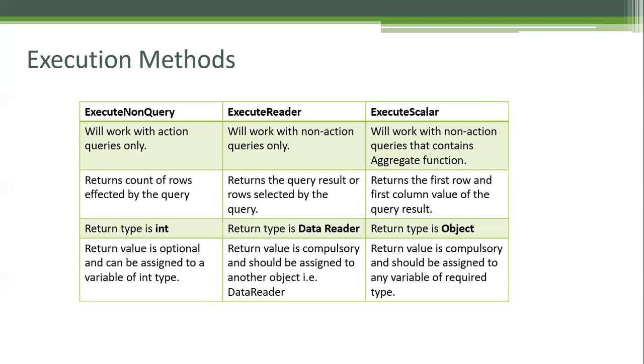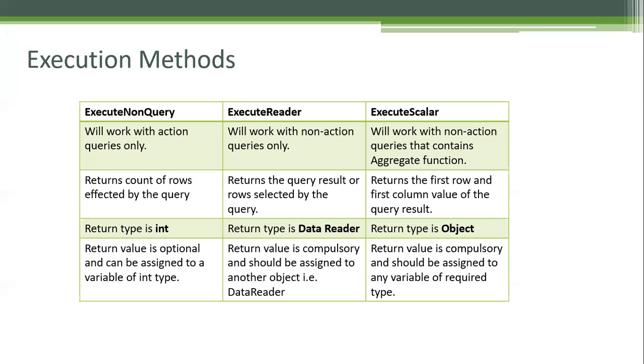For execute scalar, the return value is compulsory and should be assigned to a variable of the required type. If I'm returning integer values like average, sum, min or max, I assign it to an integer. If it returns float, decimal or double values, then that particular type of variable should be declared and assigned with the execute scalar method.